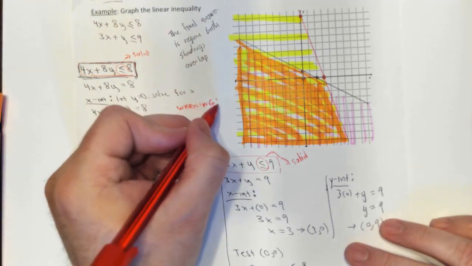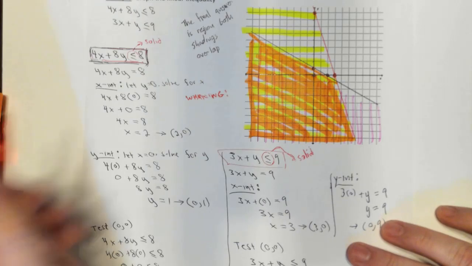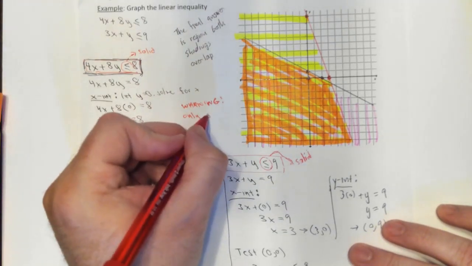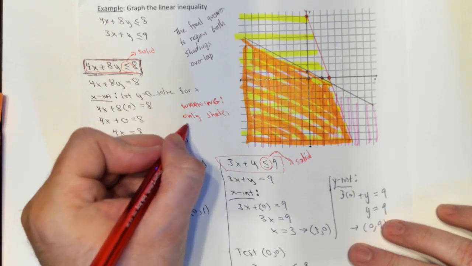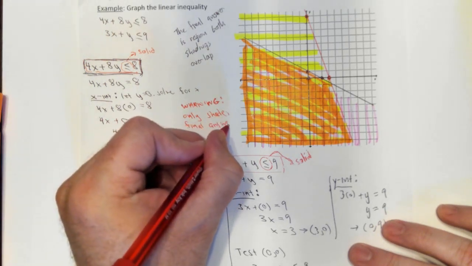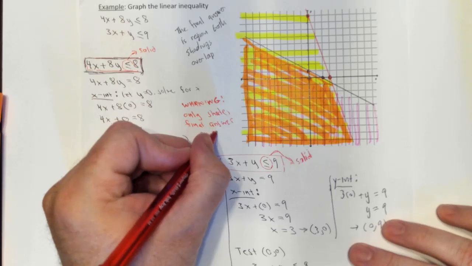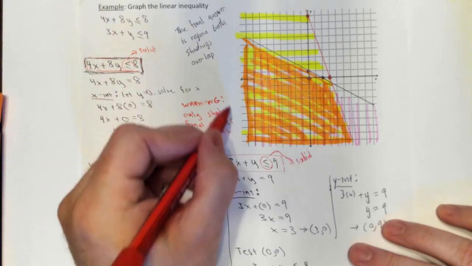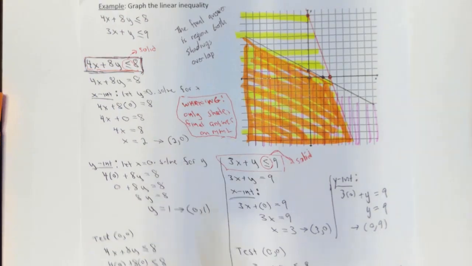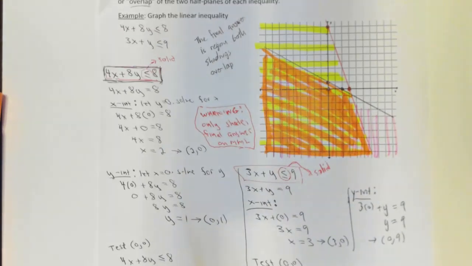And they did the work, and it's clear they did the work, but they didn't shade properly. So only shade final answer on my math lab. Okay, so there's that.